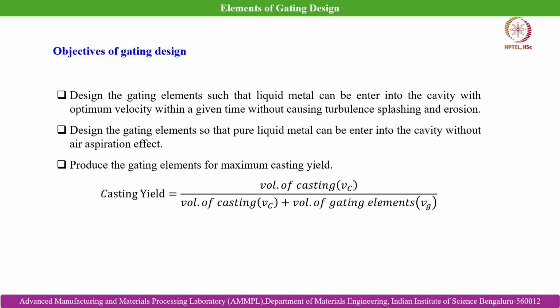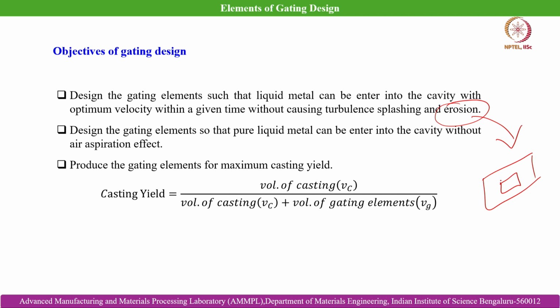The objective of the gating design is to design the gating elements such that the liquid metal can enter into the cavity with optimum velocity within a given time without causing turbulent splashing and erosion, because turbulent splashing certainly causes gas absorption and defect formation within the solidified object, and also causes mold erosion, which is linked with the enlargement of the mold cavity.